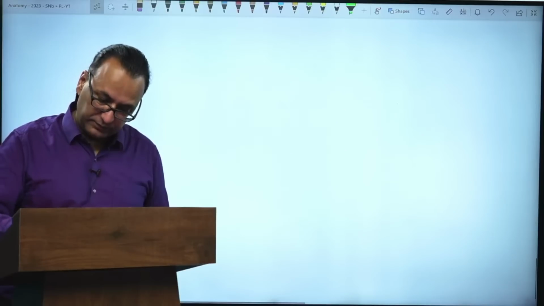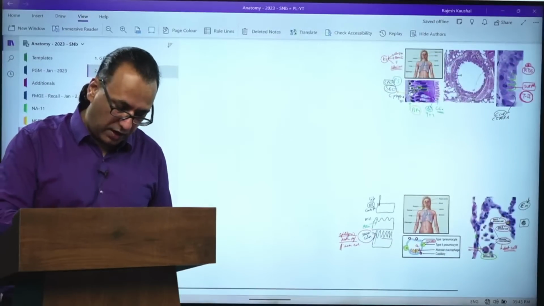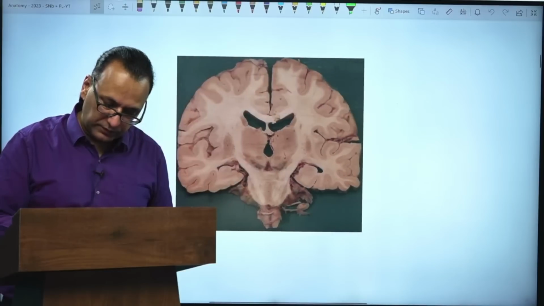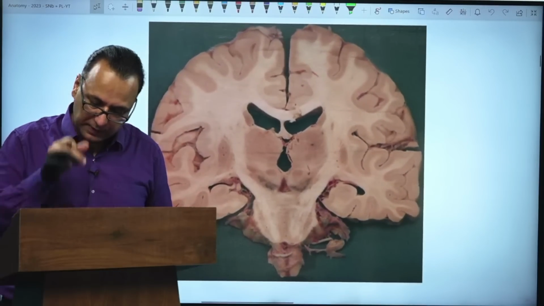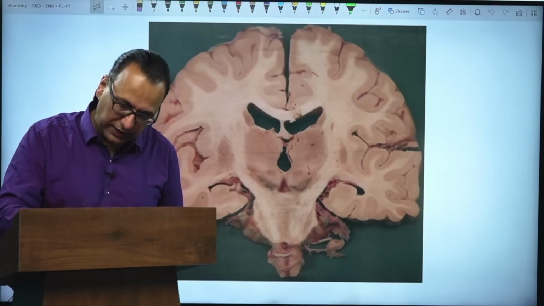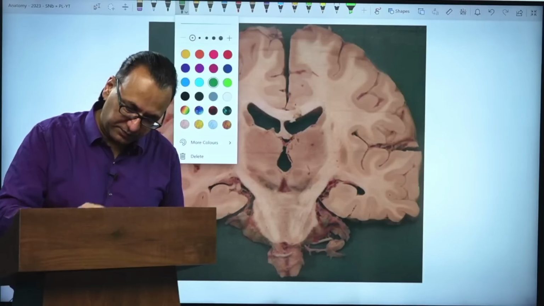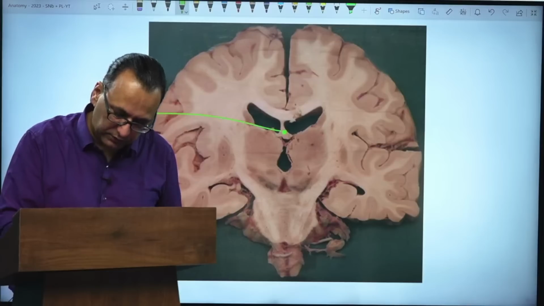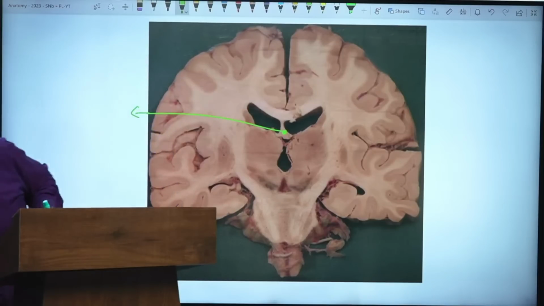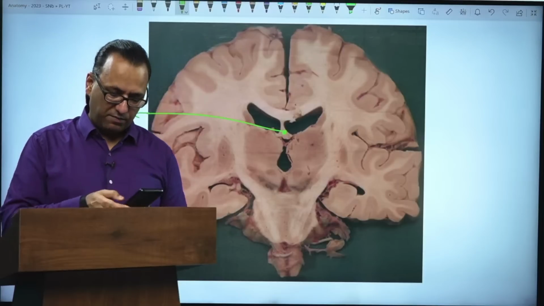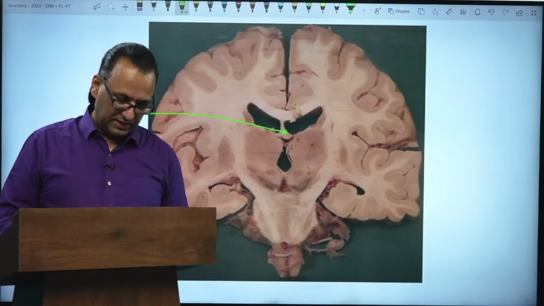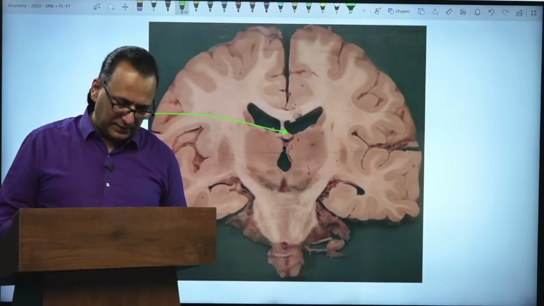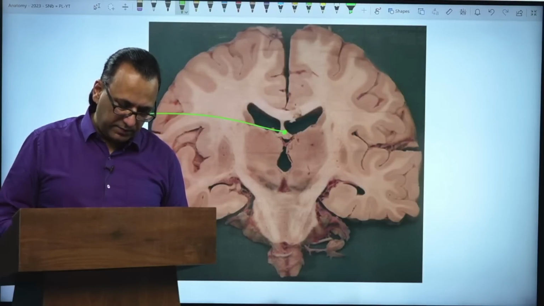Okay, now we are moving on to neuroanatomy, and I will be marking one thing. You identify what I have marked. What is this? Please tell me.